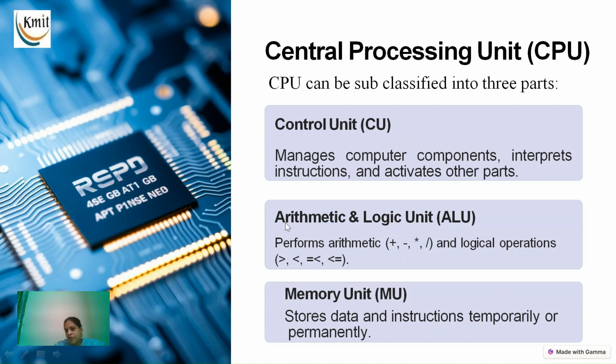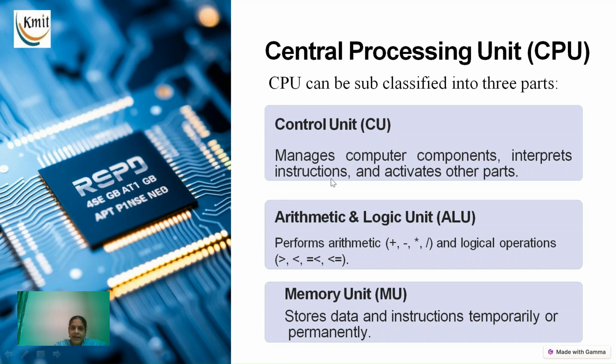As a part of the arithmetic logic unit, it performs arithmetic operations as well as logical operations. Arithmetic operations are like plus, minus, multiply, divide, whereas logical operations are like greater than, less than or equal to, and greater than or equal to. The memory unit stores the data and instructions temporarily or permanently.